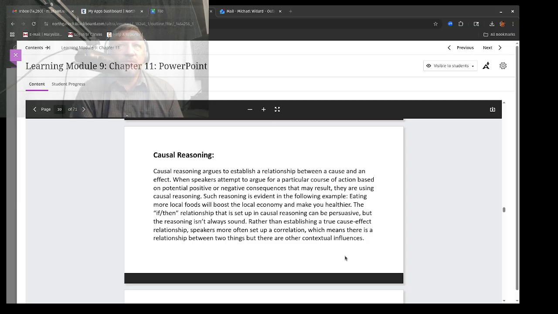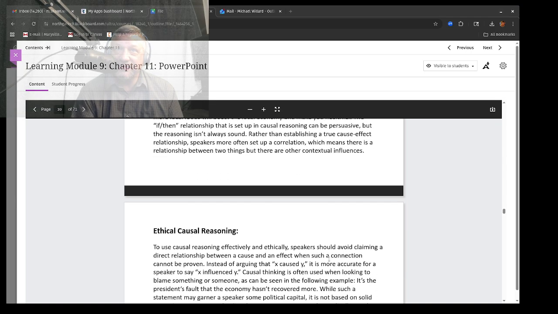Because what if I decide I'm going to go to J-More, and I'm going to stock up on all the sugary jams and jellies, and I'm going to eat those every meal, all the time. And when I want a snack, I'm going to toast some bread and put some of that jam on there. See, it's local, but I'm not eating healthy, and therefore that causal reasoning didn't make sense there, right?